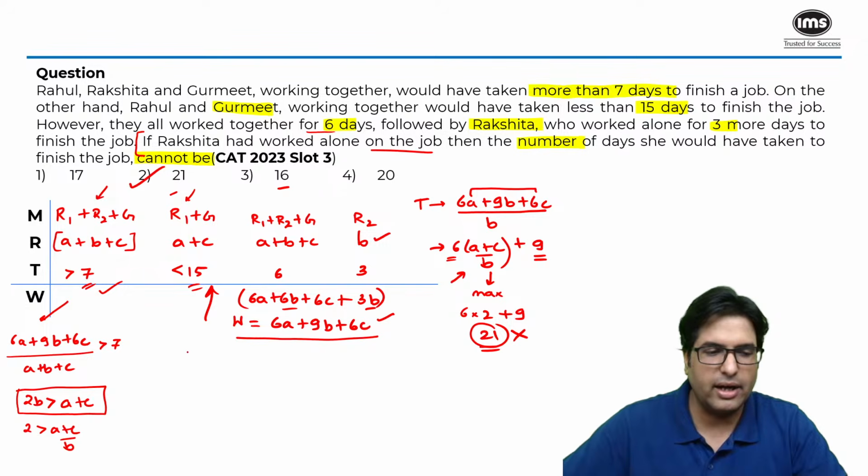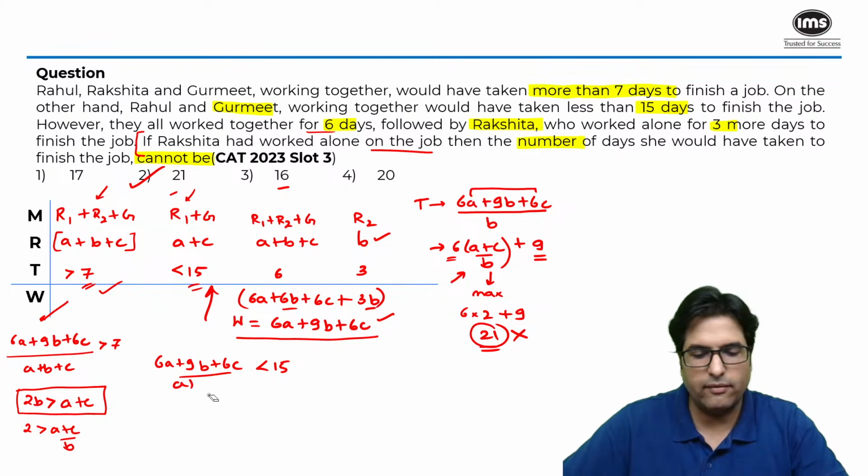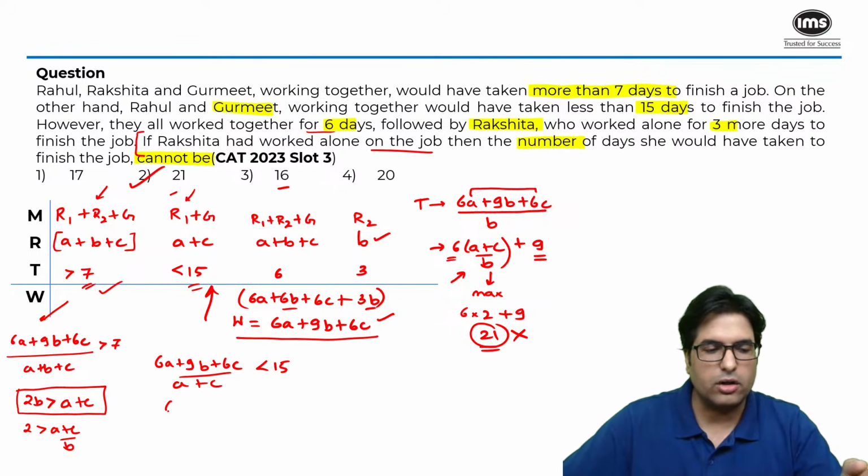We can further create an inequation for this: 6a plus 9b plus 6c divided by a plus b plus c is less than 15. Oh, sorry, just a plus c, in fact. So we can cross multiply and say 6a plus 9b plus 6c is less than 15a plus 15c.